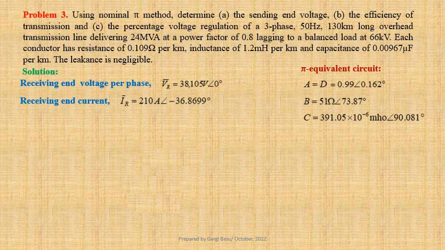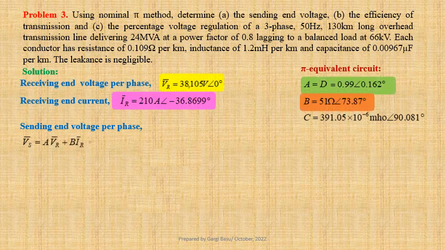Expression for sending end voltage per phase Vs equals A times VR plus B times IR. Using values we get 0.99 at an angle 0.162 degree into 38,105 at an angle 0 degree plus 51 at an angle 73.87 degree into 210 at an angle minus 36.8699 degree.